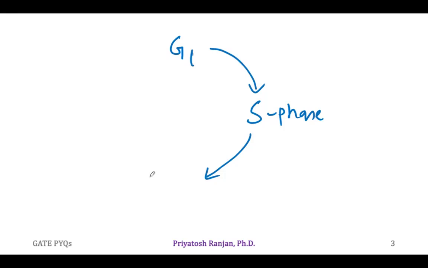Now, what we need to understand is the different phases of the cell cycle. We have the G1 phase, S phase. And why is this important? Because we also need to understand how many kinetochores are going to be there at different phases. So we have G1, S, G2, and then we have the M phase.